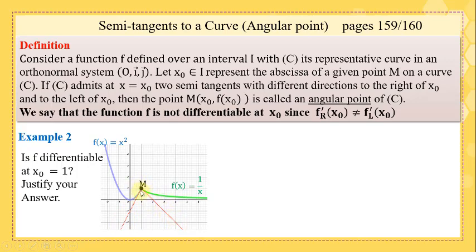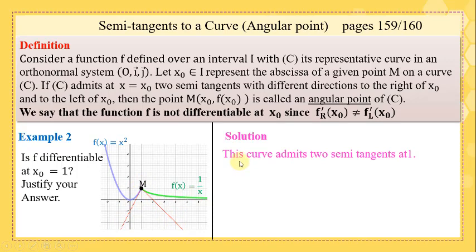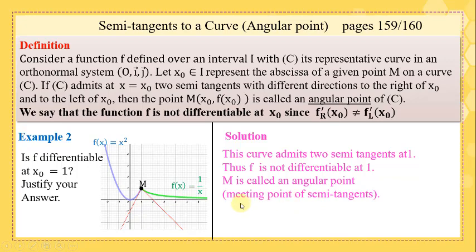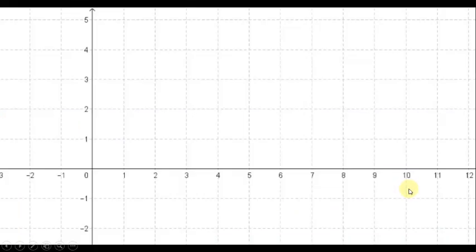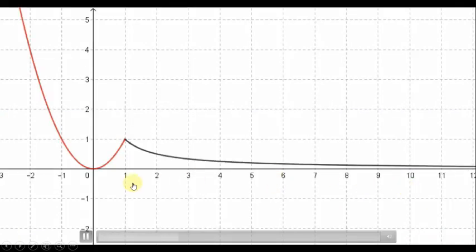So we don't have one tangent at point 1, we have two semitangents. We say that this curve admits two semitangents at 1. Thus, f is not differentiable at 1. M is called an angular point, the meeting point of the two semitangents. Look here.